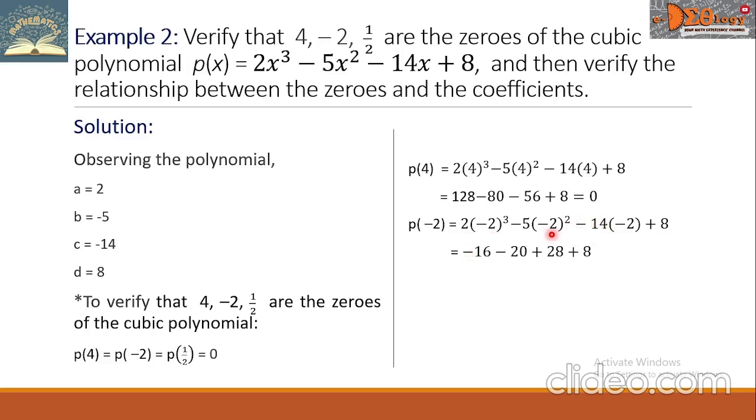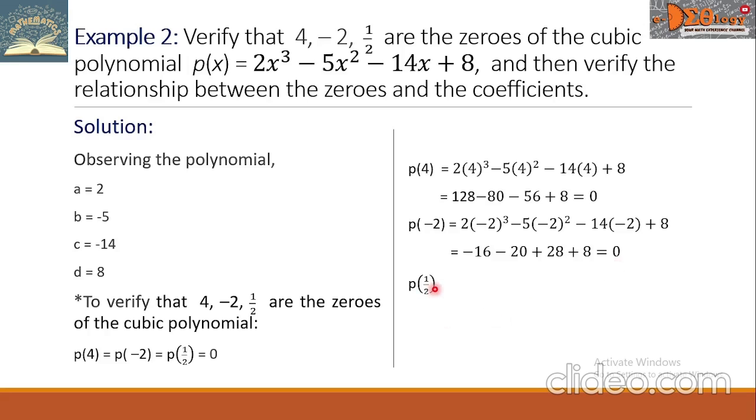The square of negative 2 is positive 4 times negative 5, we get negative 20. Negative 14 times negative 2 is positive 28, then plus 8. When we simplify the numbers, we will get 0. So P of negative 2 is 0.